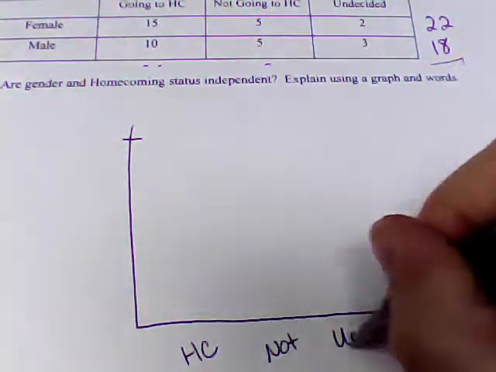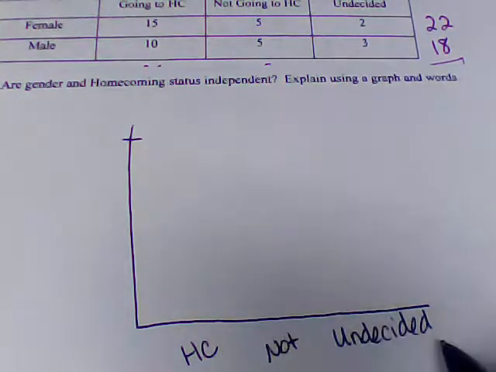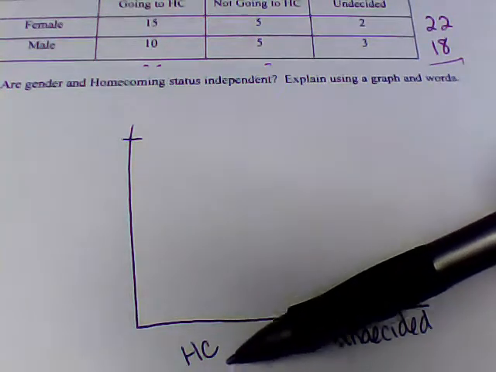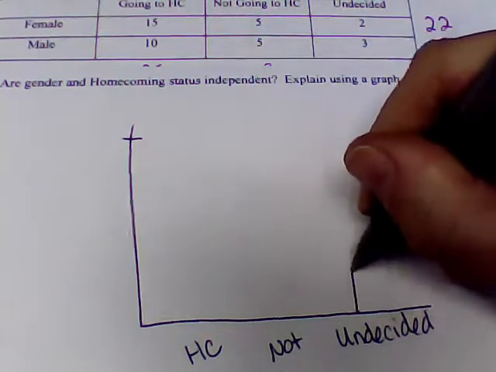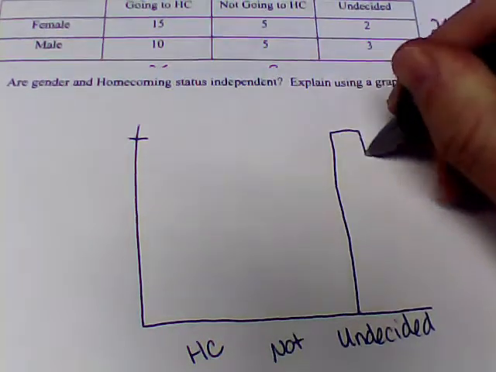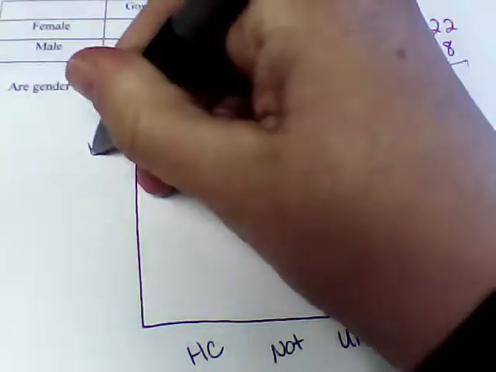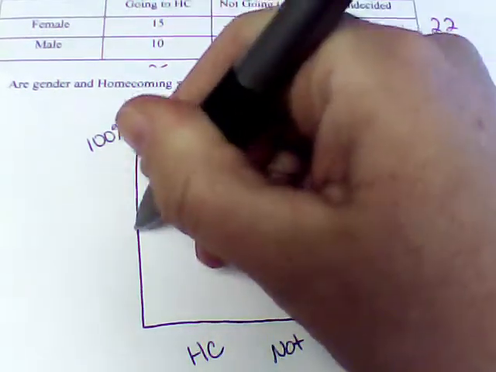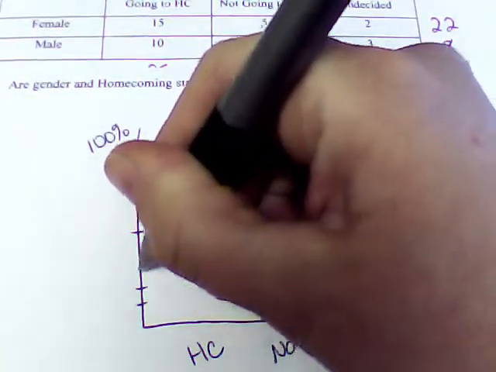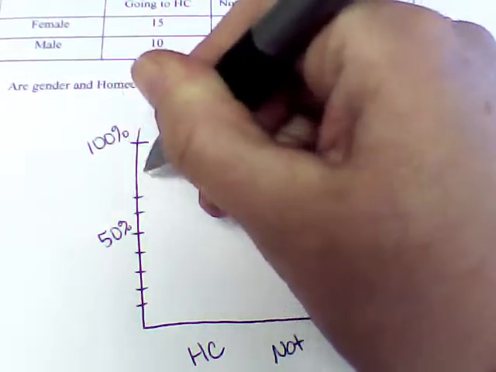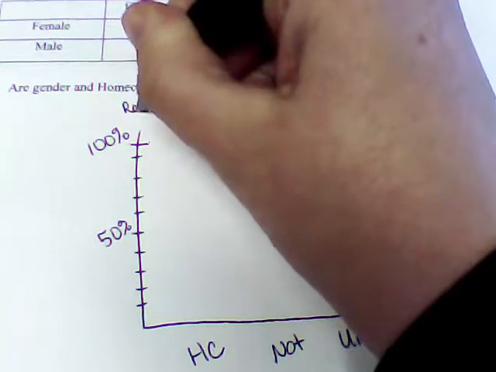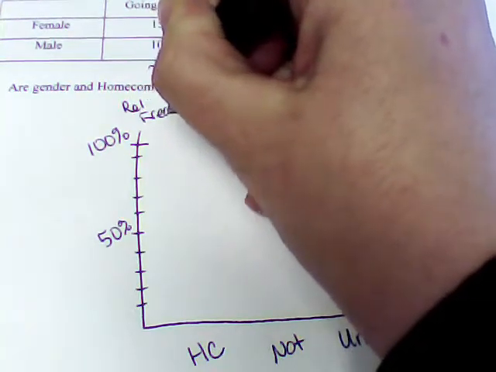You pick a variable, either male or female, or because I just did the previous question about conditional distributions, I've chosen homecoming, no homecoming, and undecided. 10, 20, 30, 40, 50, 60, 70, 80, 90, 100. These are relative frequencies up here.